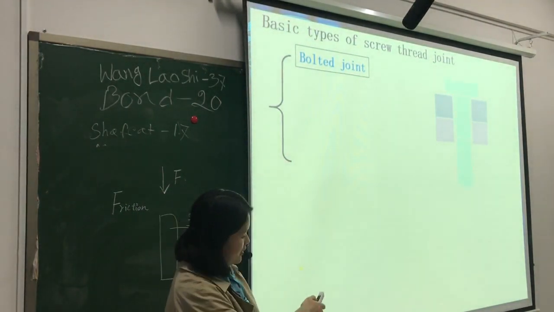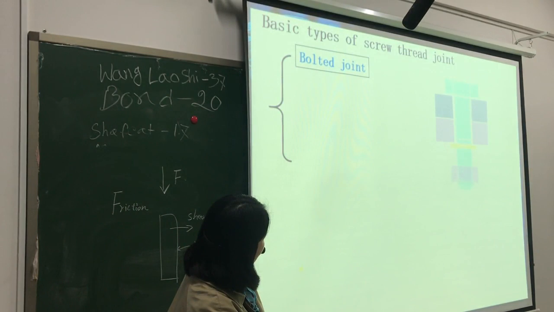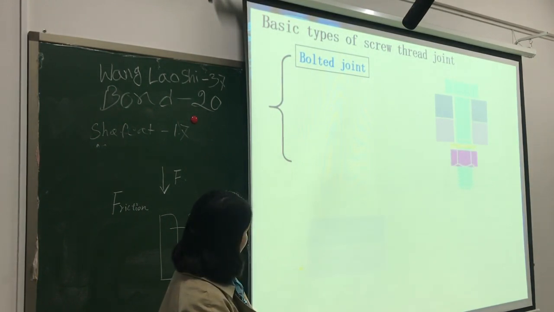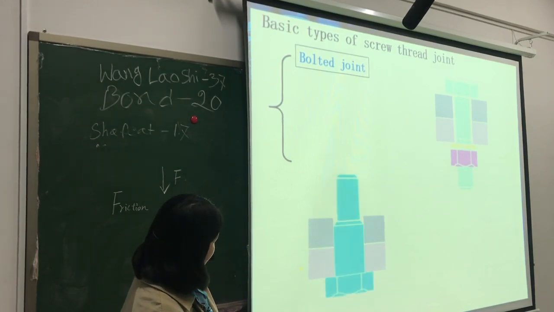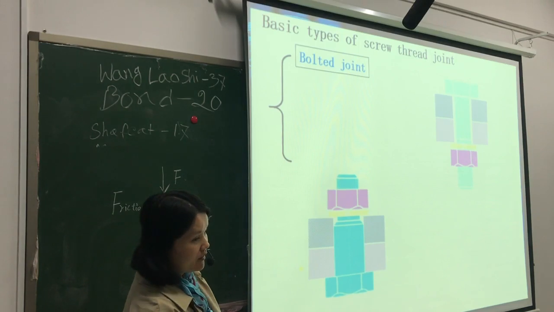This is the ordinary bolted joint, and this is the reamed bolted joint.